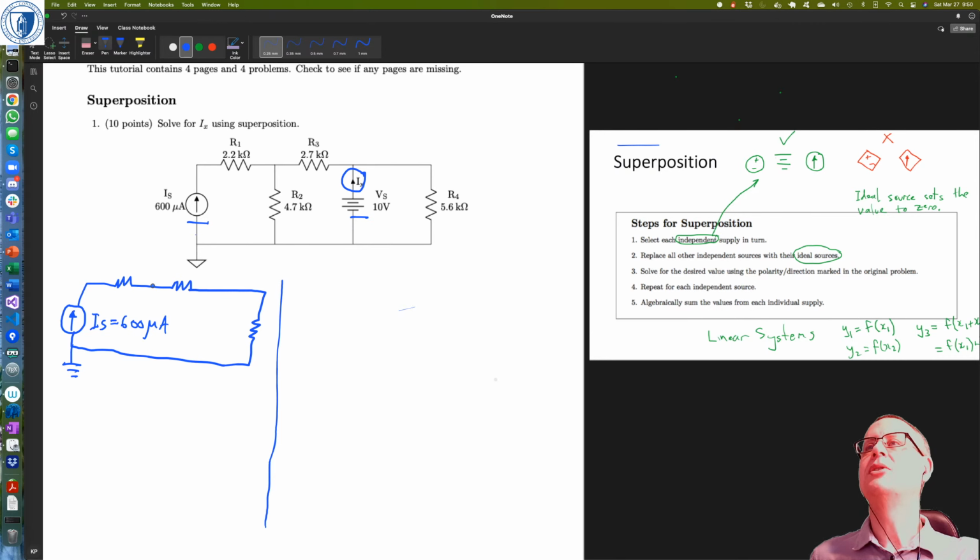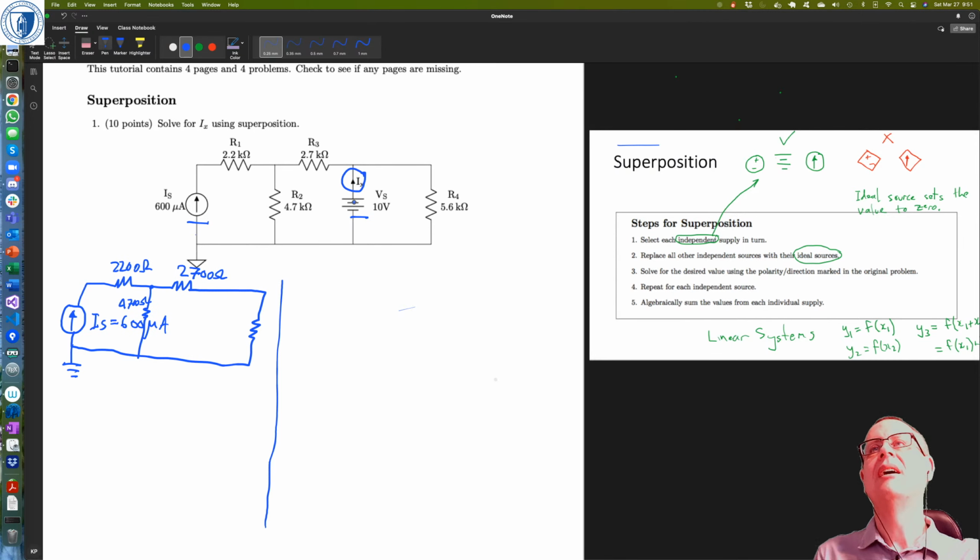I probably shouldn't have drawn that 600 all the way over, because we have a resistor there. So this one is 2200 ohms, this one is 4700 ohms, this one is also 2700 ohms.